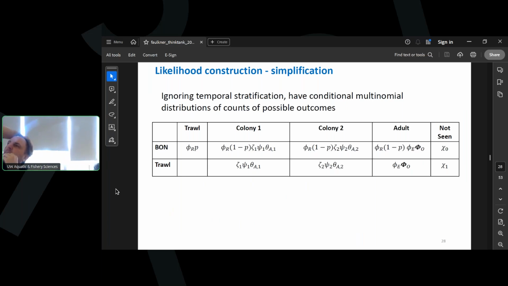If you're familiar with mark recapture, this could be thought of as the probabilities underlying an M-array. As you go across the row, those cell probabilities all add up to 1.